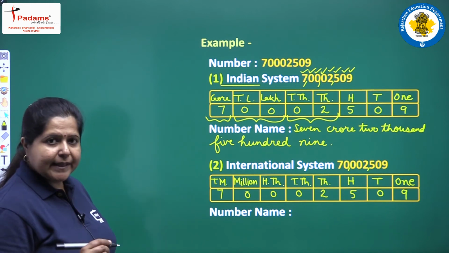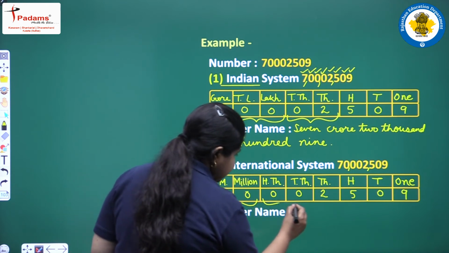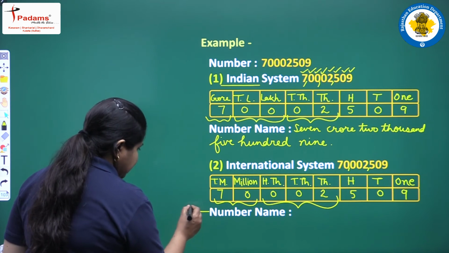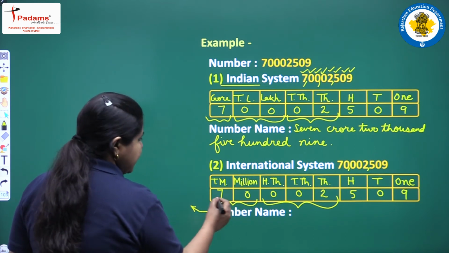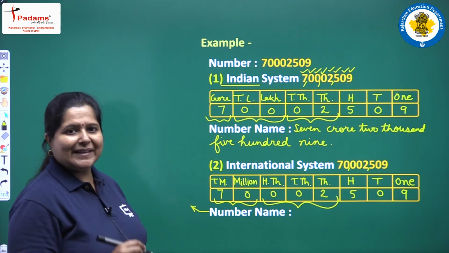Now writing the number name, we will be taking up millions together and this thousand family together. I write the number name here. This will be how much? How many million? Yes, 70 million.